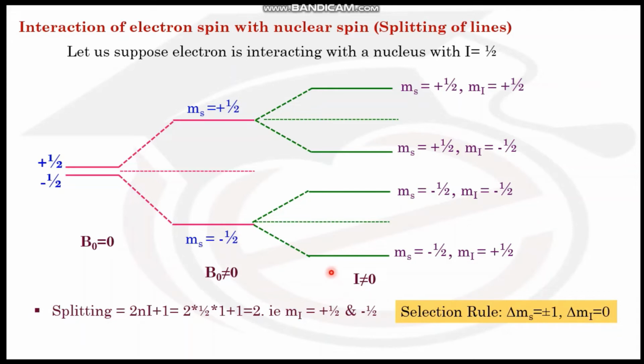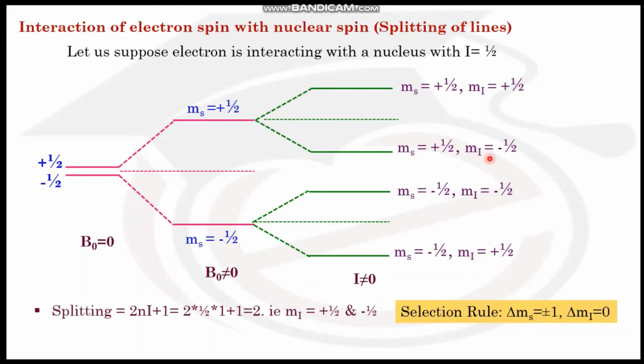Now we have to consider how many signals we are getting. First we can consider delta mI equal to 0. Plus 1 by 2 to plus 1 by 2, only then it will become 0.